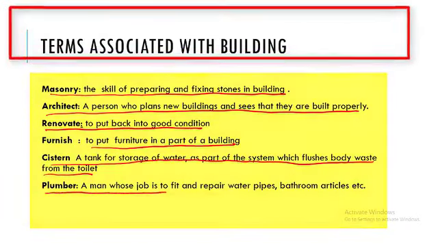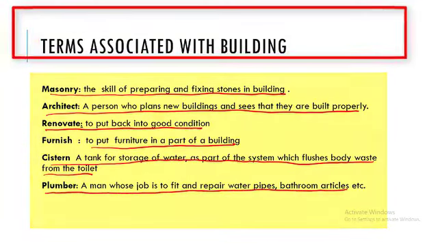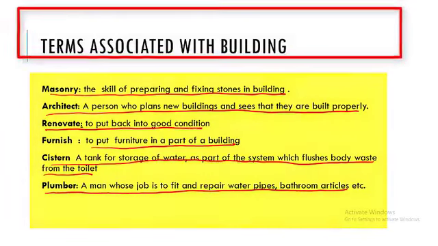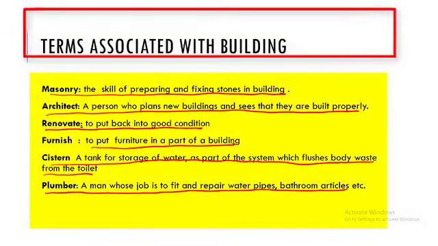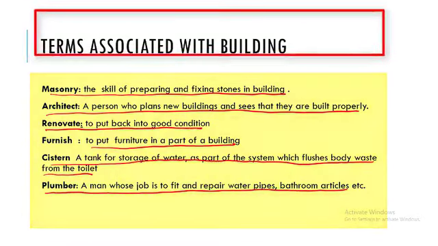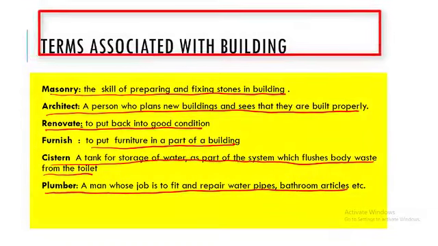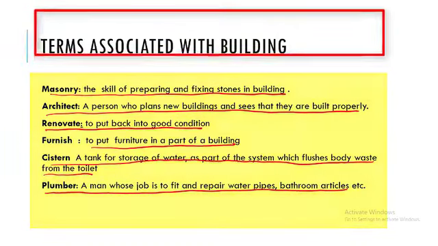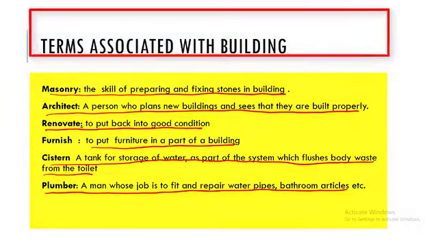A plumber is a person whose job is to repair and fit water pipes in the bathroom, in the kitchen. So all the fittings in the kitchen, in the bathroom are the job responsibility of the plumber. So he installs pipes, tanks, sinks, bathtubs, and related what?